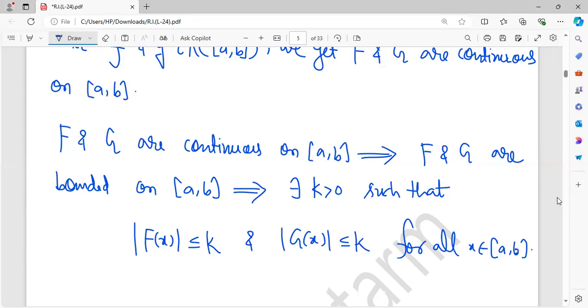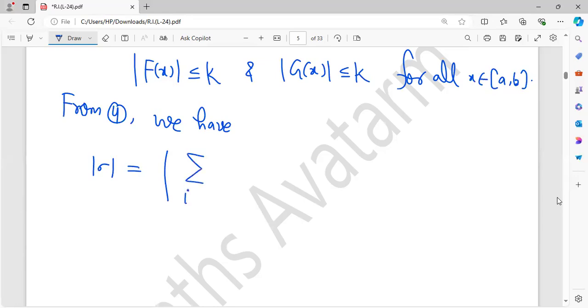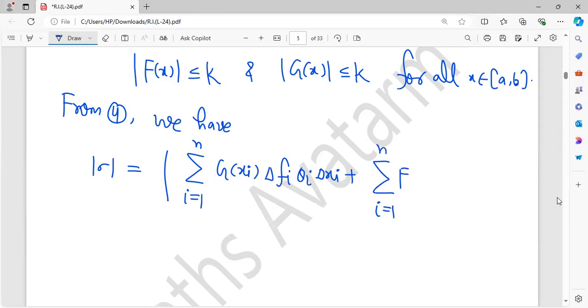Now from equation 4, we have sigma is less than or equal to summation I goes from 1 to n of G(xi) theta I delta Fi theta I delta xi, plus summation I goes from 1 to n of F(xi minus 1) delta Gi theta I dash delta xi.